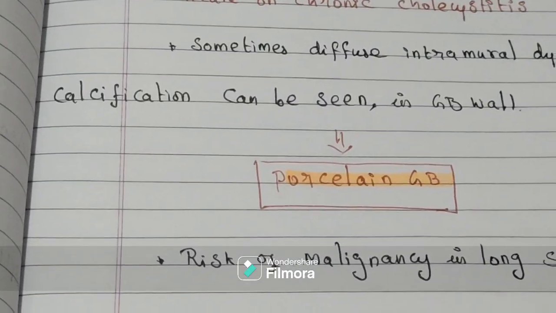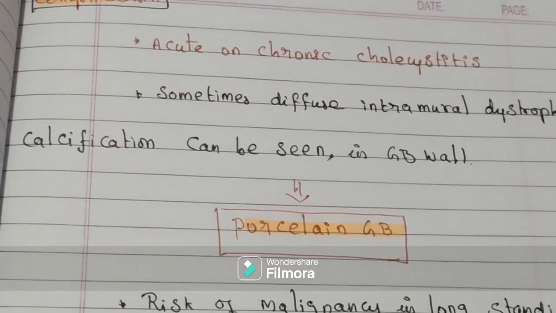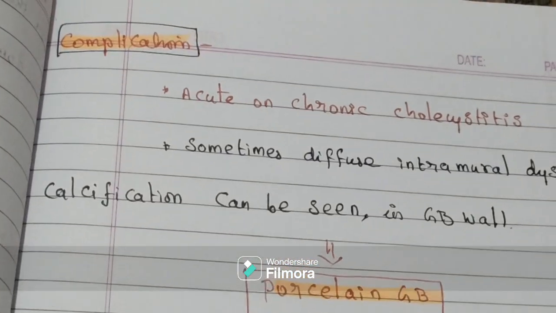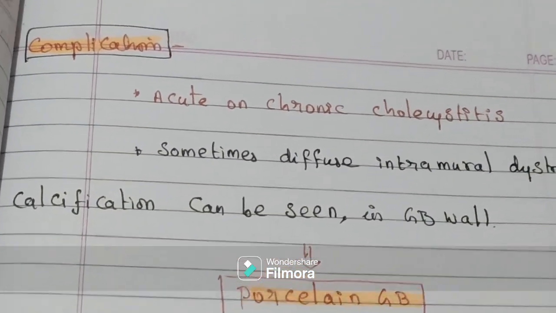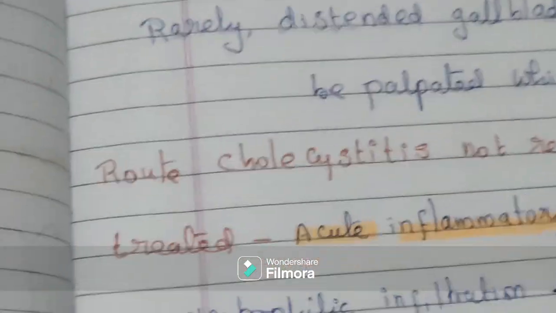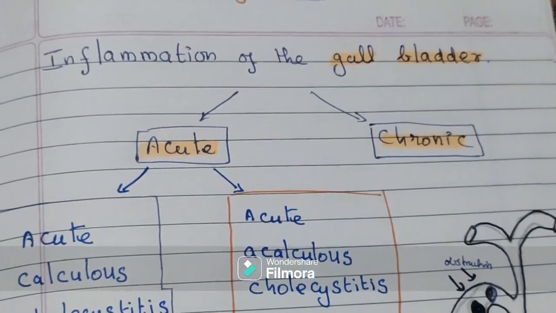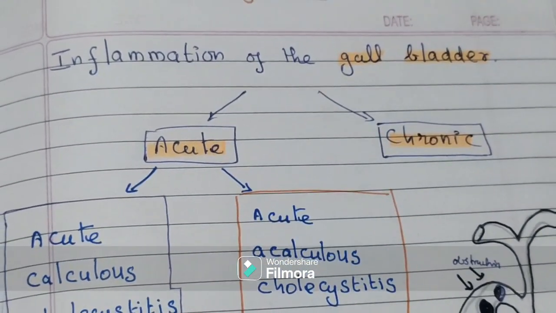Then risk of malignancy, gallbladder carcinoma. So this is all about cholecystitis, acute and chronic cholecystitis, inflammation of gallbladder.